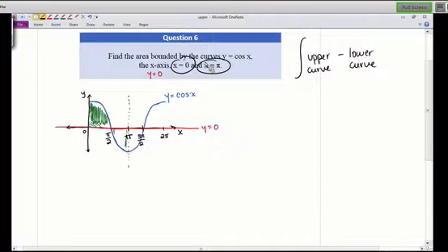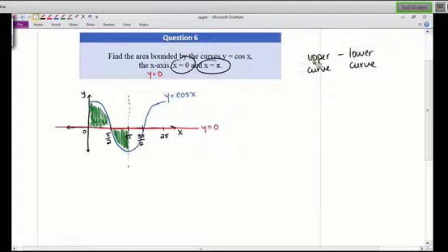Because we're told the area is between 0 and pi. So that's why we're getting this second shaded region here. I also received a question as to how I get the intersection to be at pi over 2. Well, you have to know the values for x for your cosine curve when y is equal to cosine x.